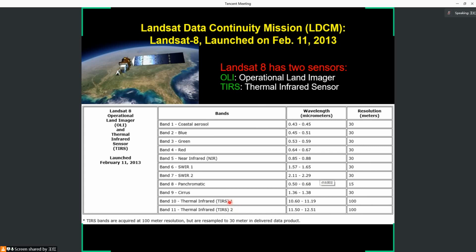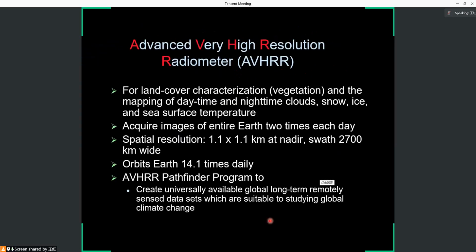It is very popular now with global warming, so thermal infrared bands are used more and more. We have introduced the Landsat series, and the next is the AVHRR.